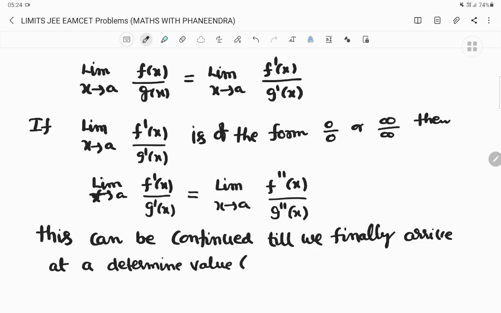That means the result, whatever we get now, that is it. So this is the procedure of L'Hospital rule.